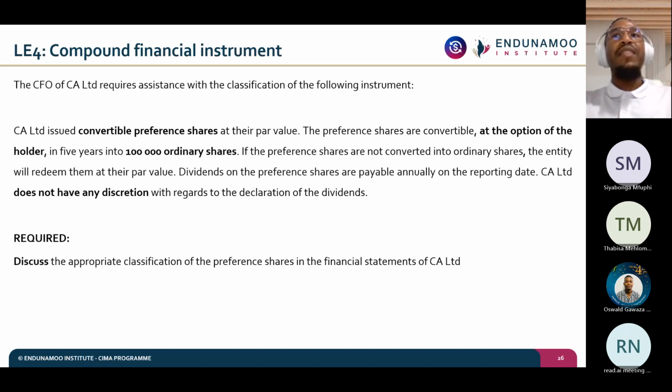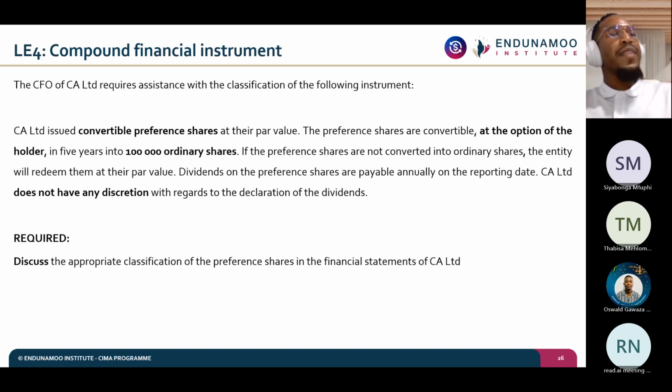So we know that if they're at the option of the holder, it means that in 5 years' time, if the holder comes and says, actually, I want cash instead, it'll be the equivalent of the holder holding a gun against us, CA Limited, to say, I want cash. You have no obligation, you cannot avoid transferring cash, which means the convertible preference shares have a financial liability element to them.